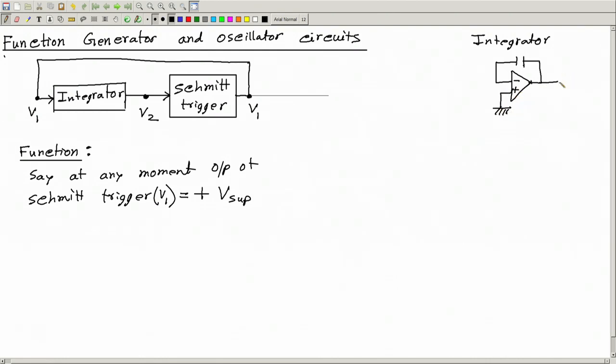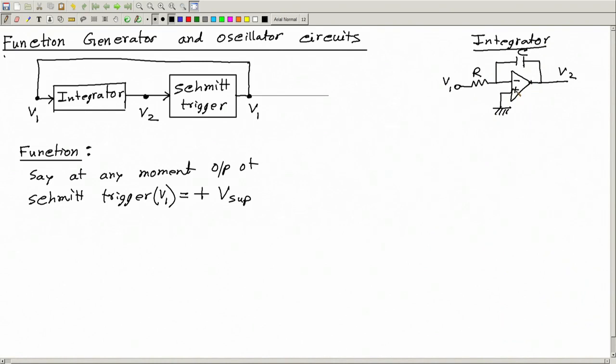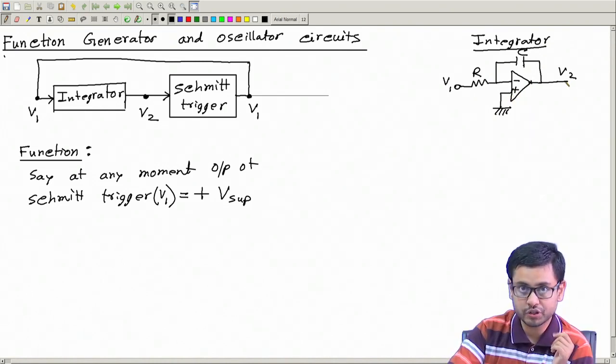This is the output V2, and here we have a resistance R and a capacitor C, and the input voltage is V1. So this is the integrator. For this integrator, we know the output decreases if the input is positive.